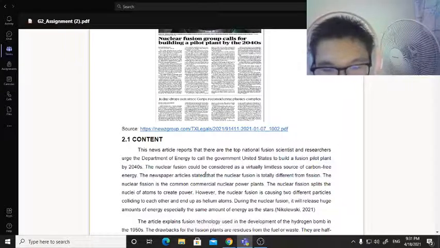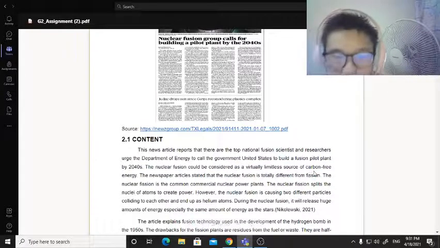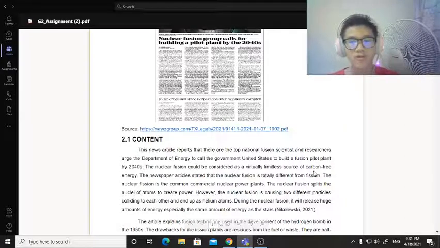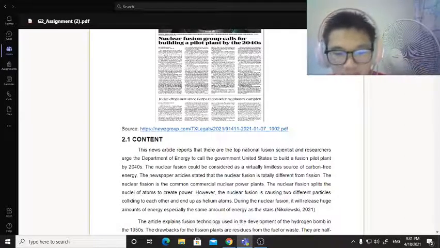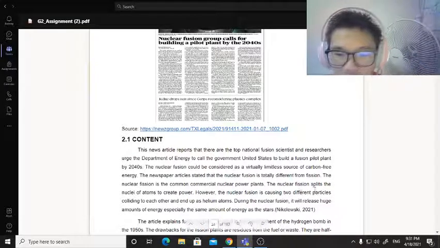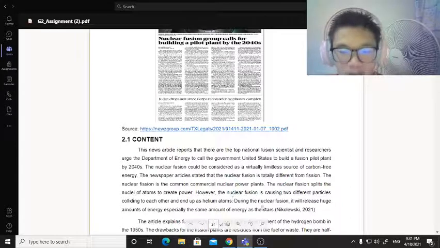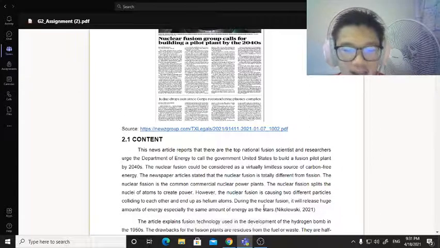The newspaper is totally different for the fusion. For your information, the sun is based on nuclear fusion technology. It causes two different particles to collide with each other and end up as a helium atom. This releases a huge amount of energy, the same kind of energy as a star.